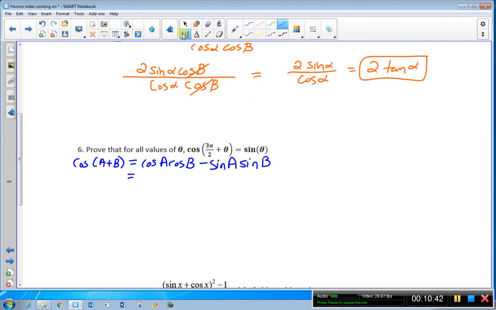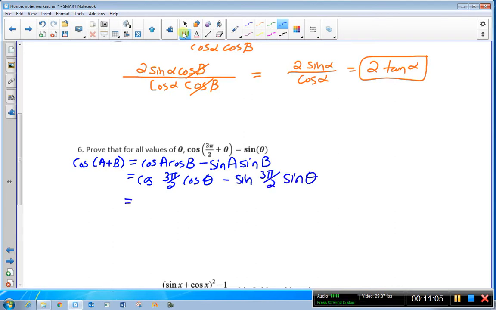So I'm going to do cosine of 3 pi over 2, cosine theta, no parenthesis there, sorry, sine of 3 pi over 2, sine of theta.